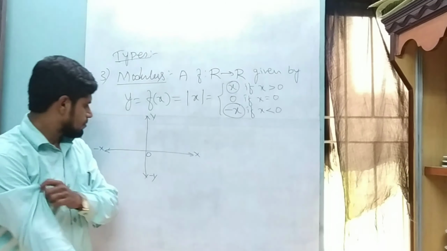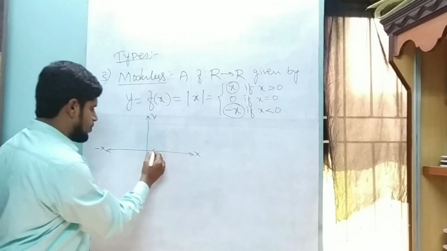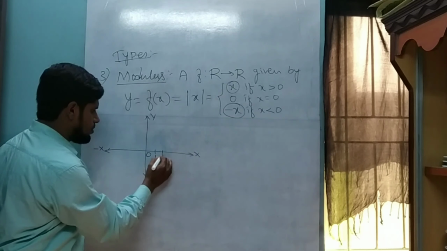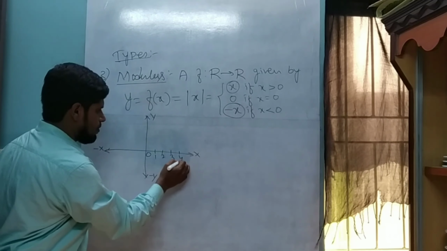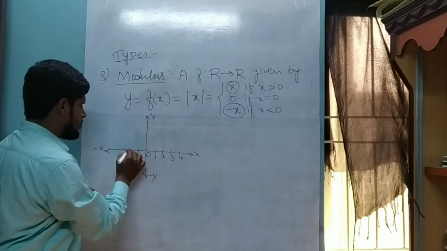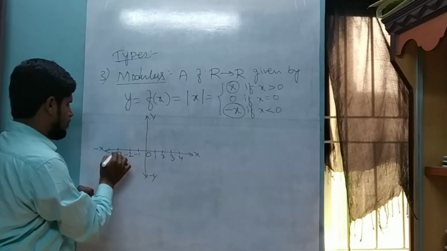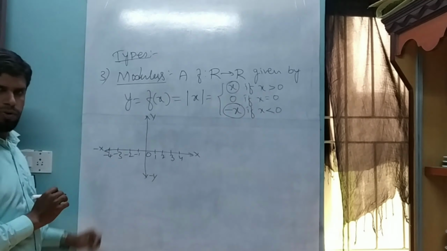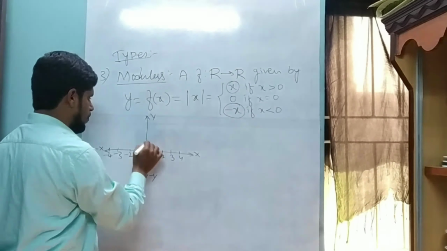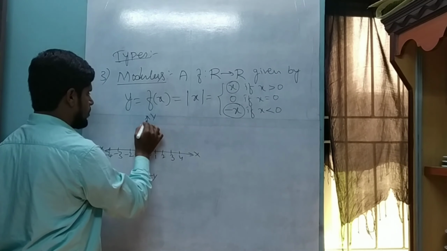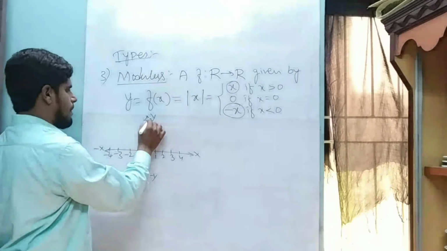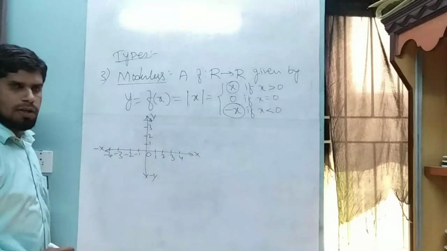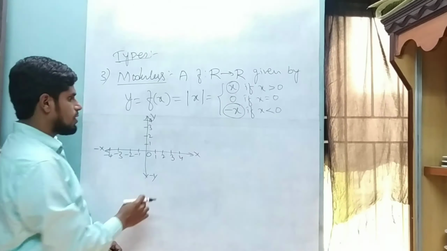Next, let us put the numbers here: 1, 2, 3, 4, minus 1, minus 2, minus 3, minus 4. These are the numbers. Let us start giving values to this function.